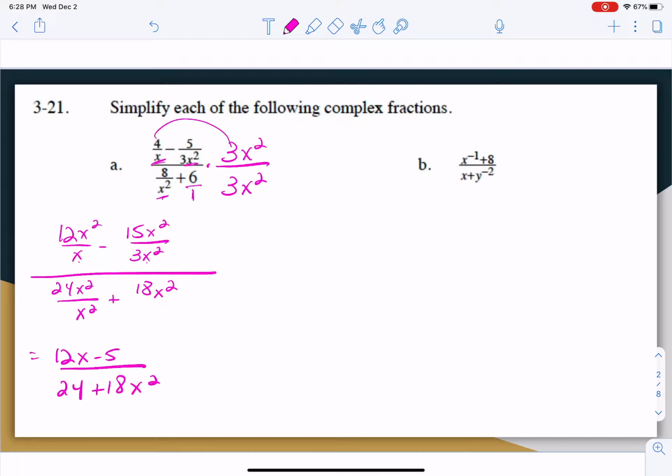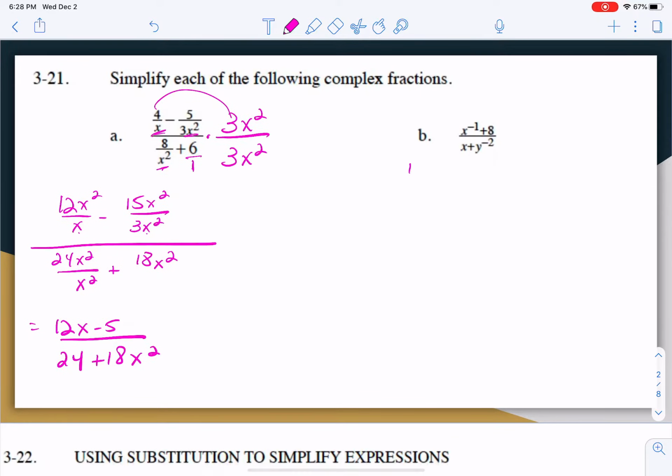So looking at problem B, when you have negative exponents, I would rewrite those as fractions. So I have 1 over x in the numerator plus 8, and x plus 1 over y squared in the denominator. So I look at what all the denominators have in common.